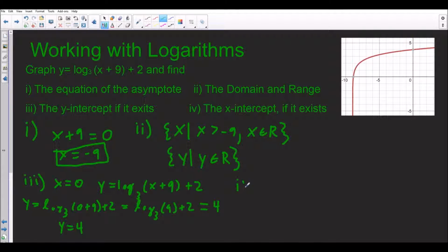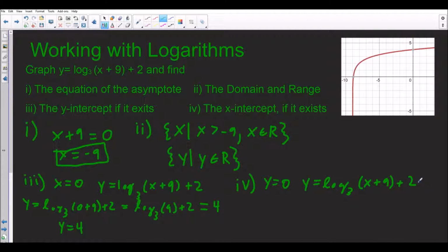And last but not least, the x-intercept. The point where it intercepts the x-axis is where y is equal to 0, because when it intercepts the x-axis, y has to be 0. So we set our equation equal to 0.